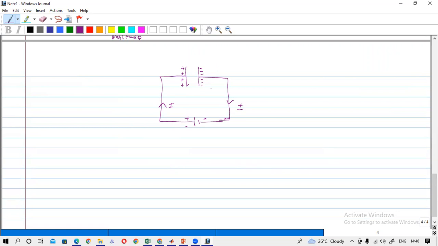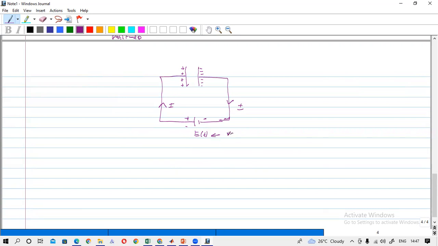So now let's say that this E is changing. We are increasing it. This is a variable battery, a variable voltage source.